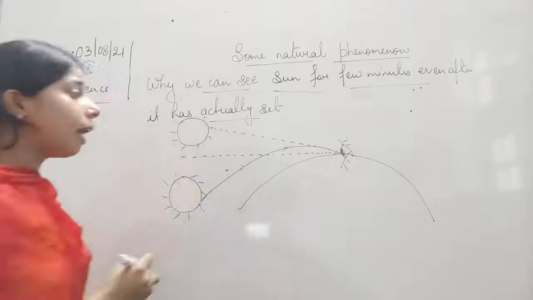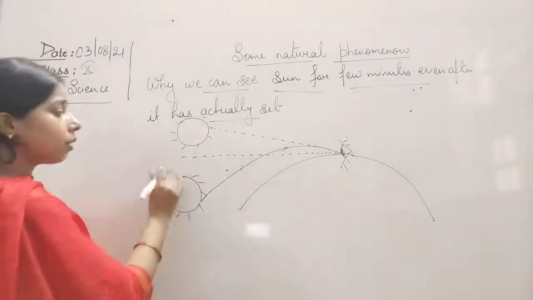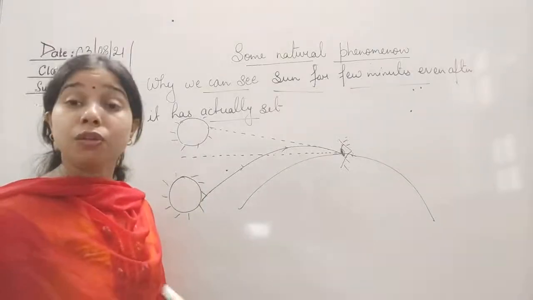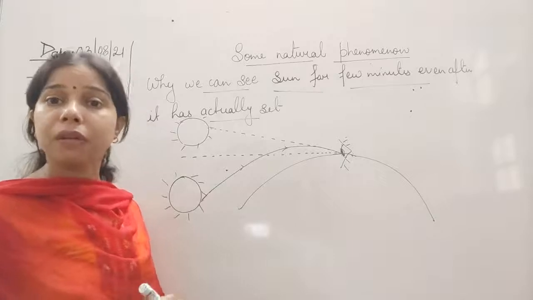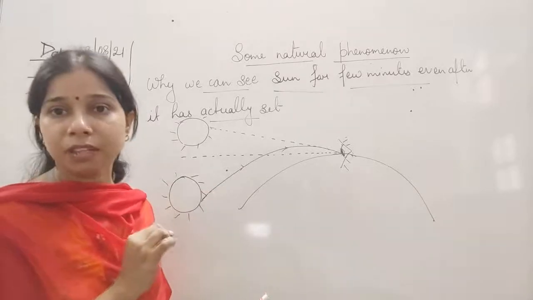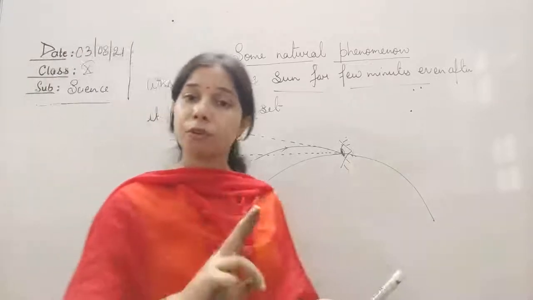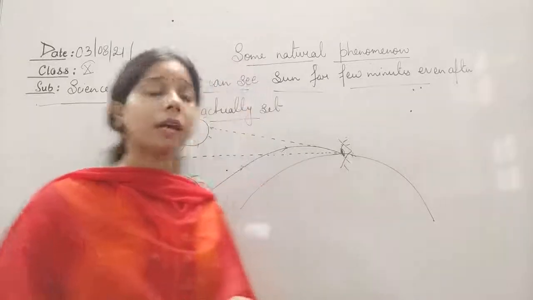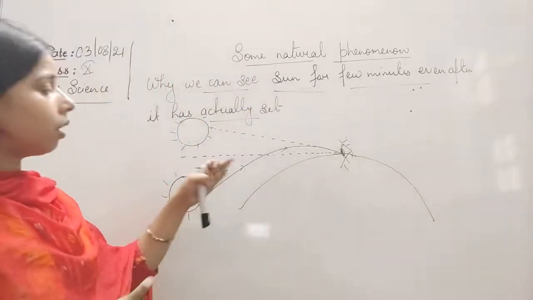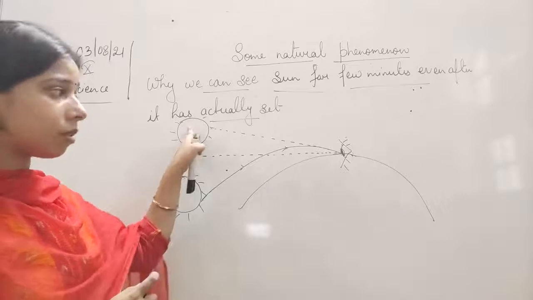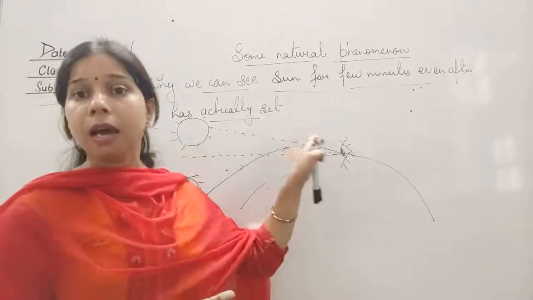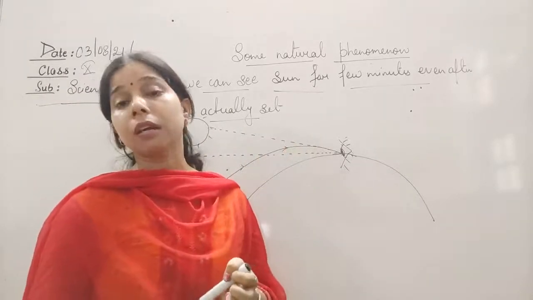But you know that actually the sun is still below the horizon. So this happens because of the atmospheric refraction. It is calculated, students, that before 2 minutes the sun appears above the horizon, and the reason is the atmospheric refraction.